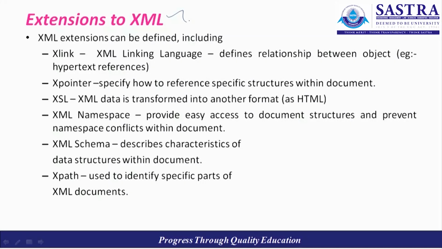The XML extensions can be XLink, that is XML linking language. It creates a relationship between objects. For example, it links one or more XML documents, and specifically I can say the XPointer. It specifies how to reference specific structures within a document.